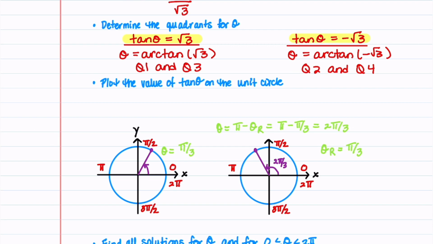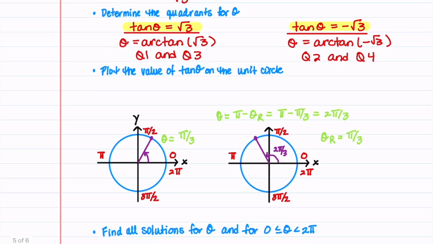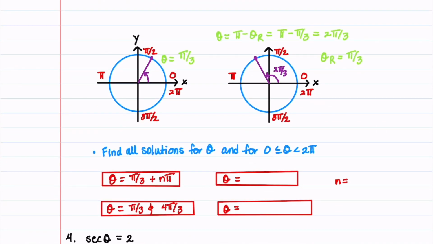We don't need to look in the fourth quadrant because tangent is pi periodic. Our solution is then 2 pi over 3 plus n pi. And between 0 and 2 pi, our solution is 2 pi over 3. And if we add pi to that, we end up with 5 pi over 3. And n is an integer.